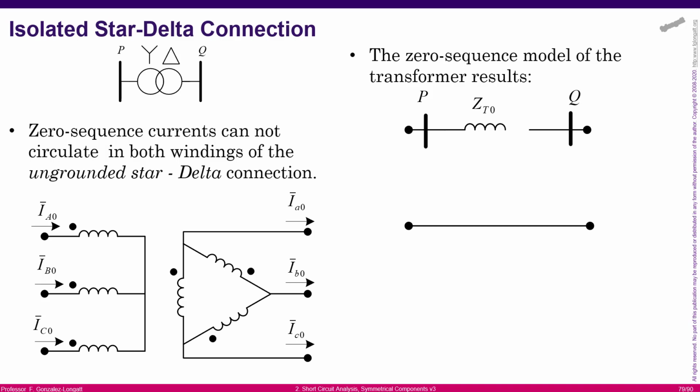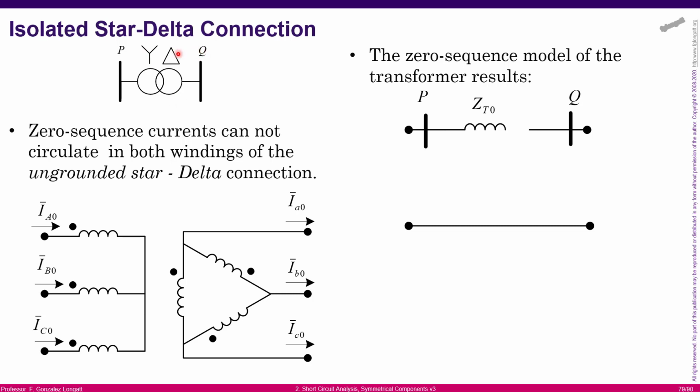Well, there is one more connection. In this case, it is a star-delta connection, or YD, lower d, because we are using the low voltage. As you can see, we have a transformer in this situation here. The high voltage side is connected using a star, however the neutral point is not connected to ground.